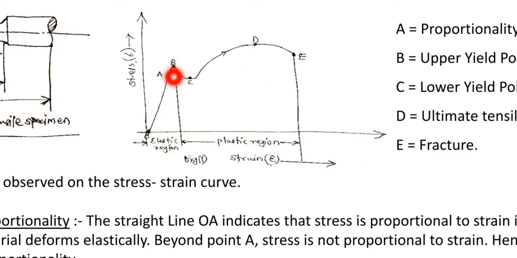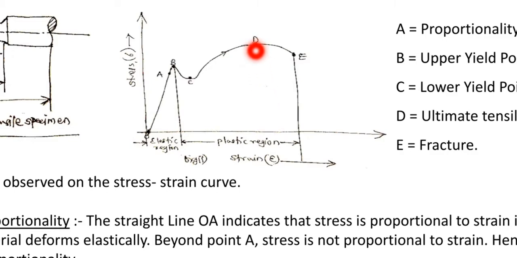As we increase the force, stress decreases and strain increases. When we reach point C, C is known as the lower yield point. Here the material is behaving plastically. With further increase in the force, the stress goes on increasing, and at the same time strain also goes on increasing.